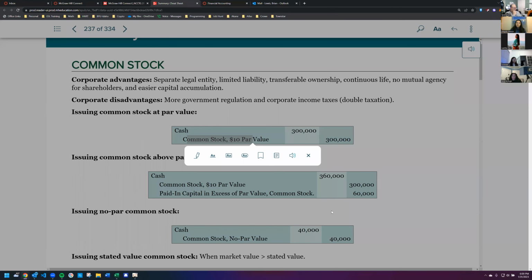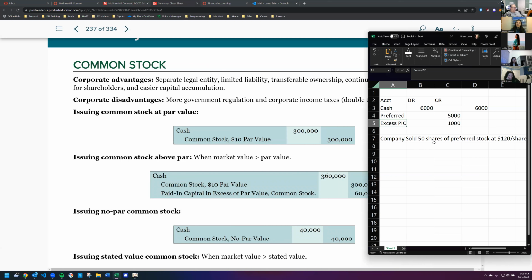Let's say the same transaction, but instead the company sold 50 shares of common stock at 120, with a par value of 100.